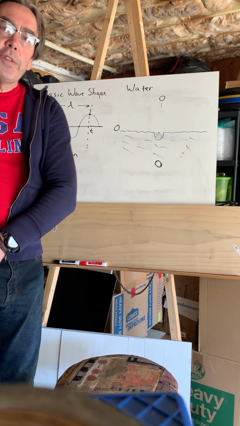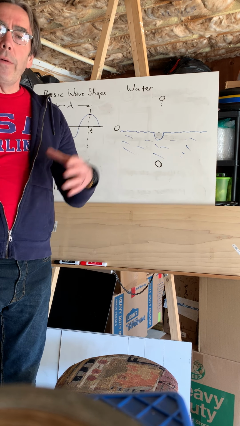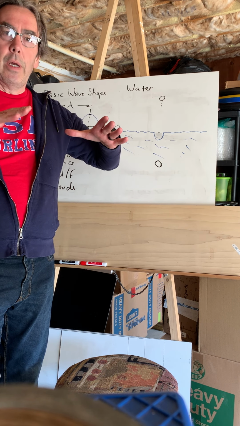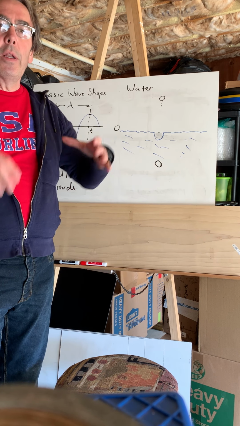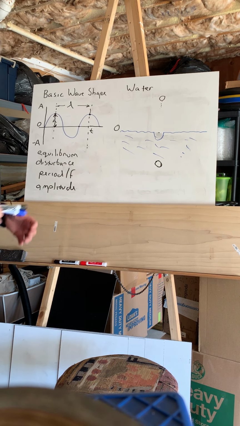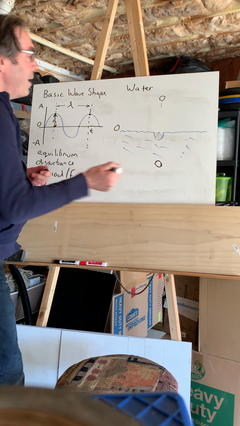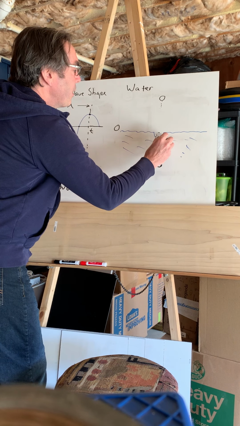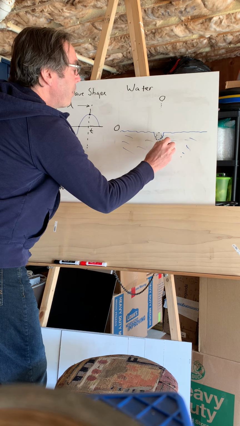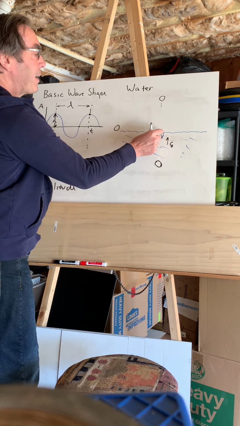And then what's the restoring force going to be? Well, have you ever pushed a beach ball or a ball of some sort down into the water? It pushes back up, right? So that restoring force is buoyancy. So when down here, a buoyant force is going to attempt to return these water molecules back to equilibrium.